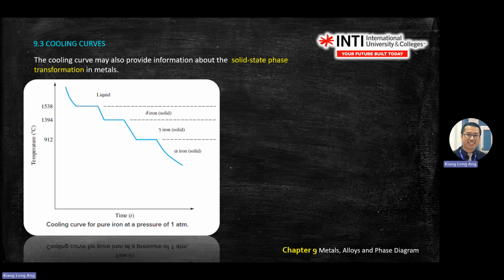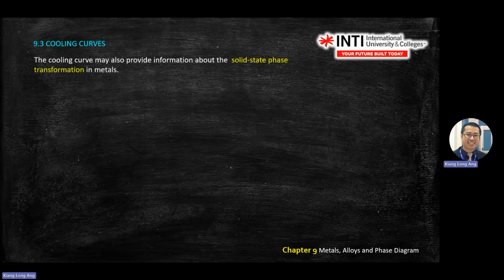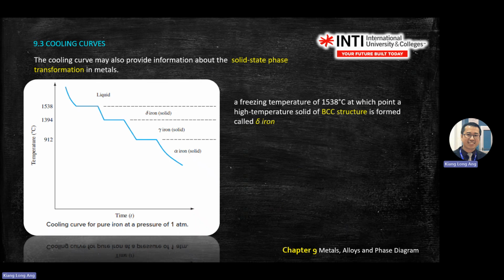One is color, another one is the crystal structure, like the BCC, FCC you saw just now. But logically, when you cool down from liquid, it goes to delta, then gamma, then alpha. Delta, gamma, alpha is like steps as you reduce the temperature.